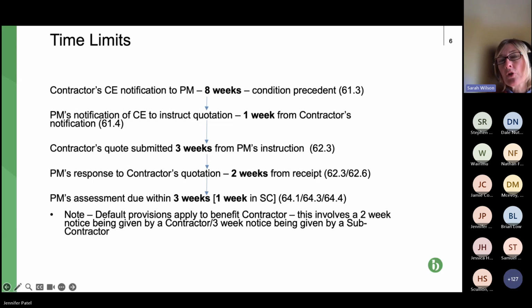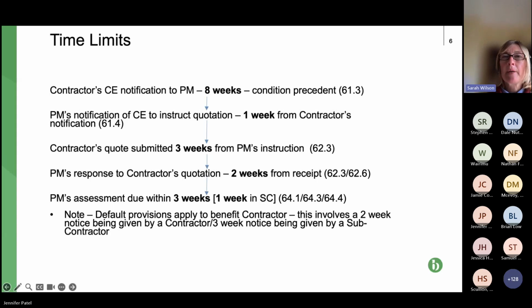If the PM doesn't agree it, they can ask the contractor to review and provide another quote, or more likely the PM will make its own assessment, which usually involves the PM reviewing the quote, crossing a few things out that they disagree with, possibly reducing any extension of time, etc., and submitting it back to the contractor and saying, this is my assessment. And if the PM's going to do that, they've got to do it within 3 weeks of notifying the contractor that they're going to make their own assessment.